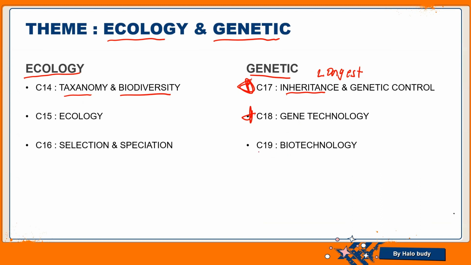So for those who are maybe interested in further studying biotechnology courses in degree, you can look at this chapter. In this chapter you will learn all the applications using technology in the biology field. So there are a total of 6 chapters in this semester you have to learn.